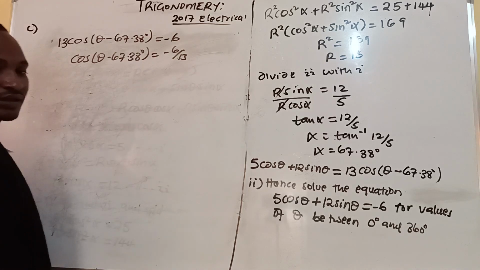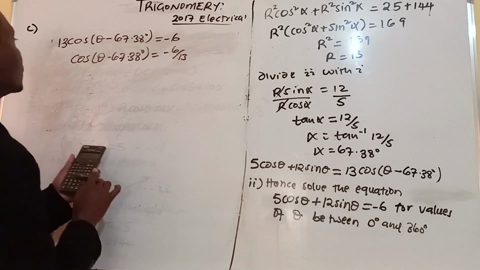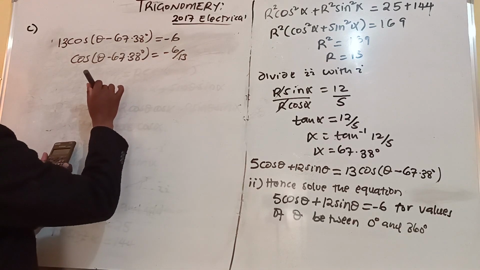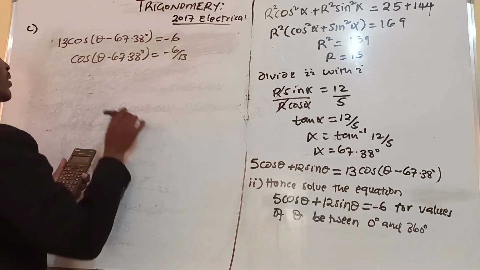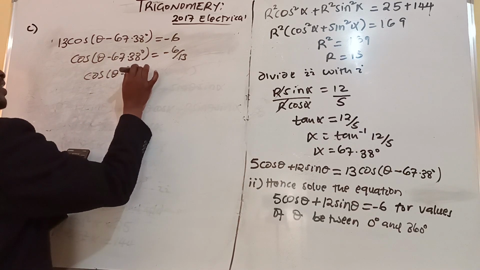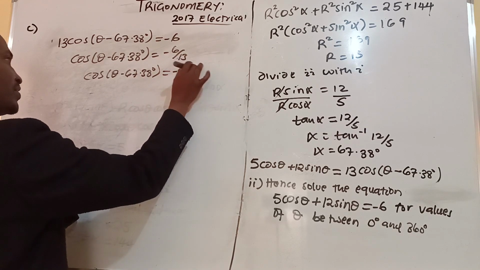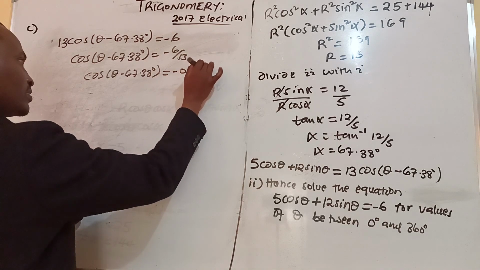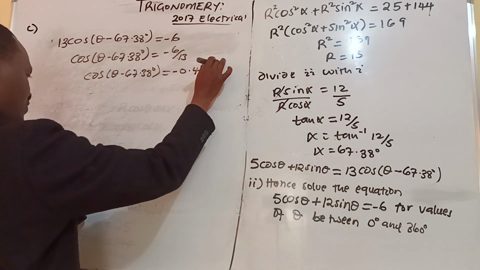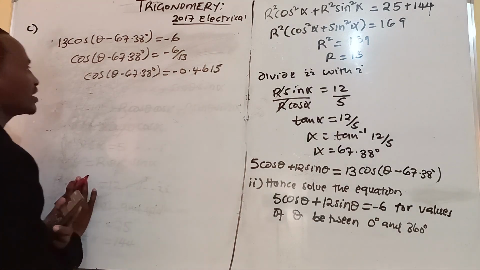We need a calculator there. Cosine of theta minus 67.38 degrees is equal to negative 0.4615.